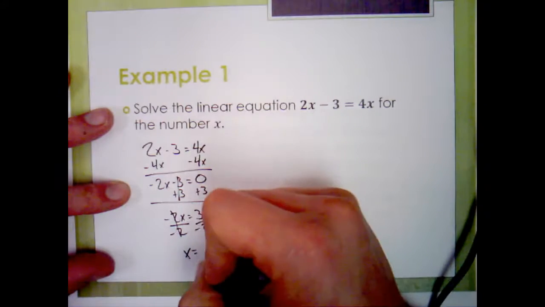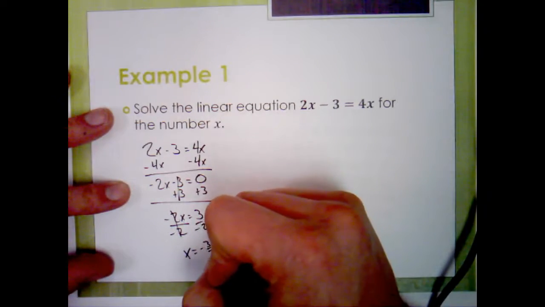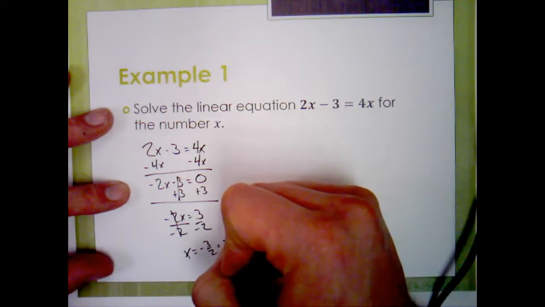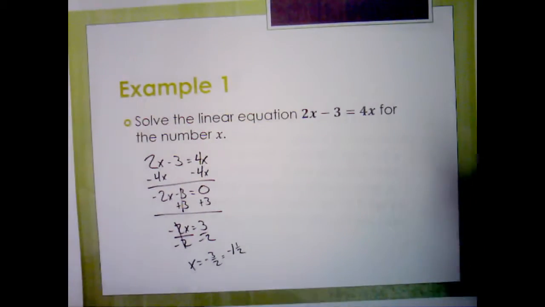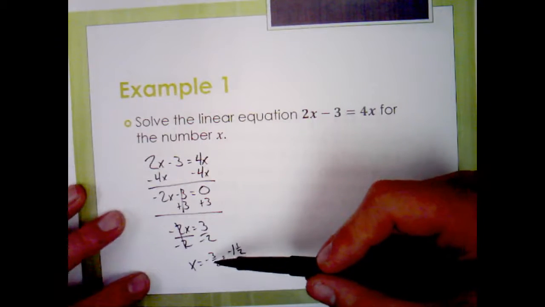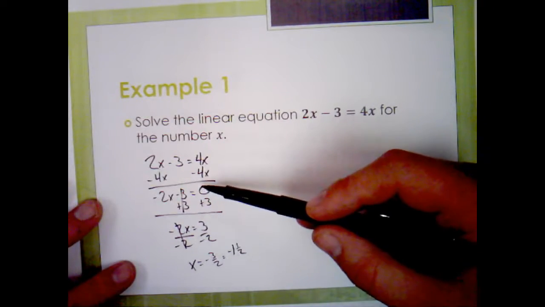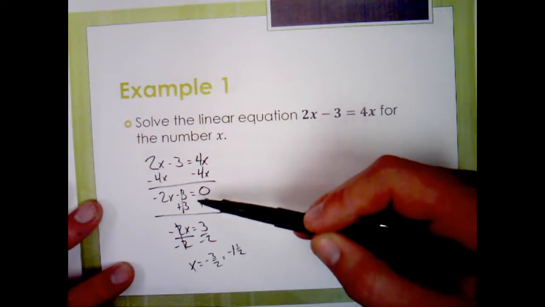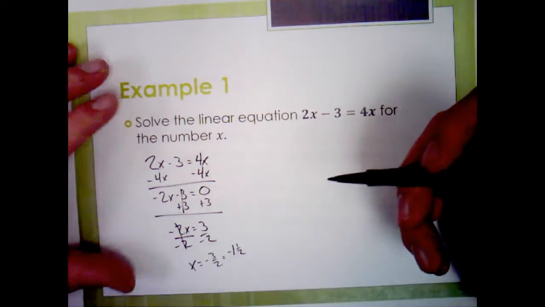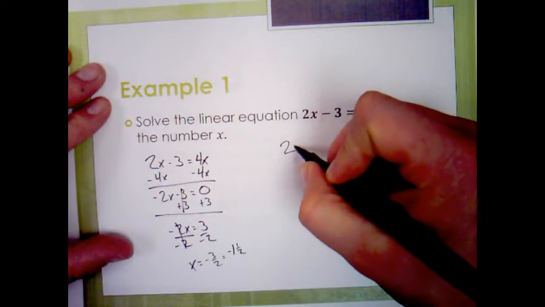And I get x to equal negative 3 over 2, which is negative 1 1/2. Okay, so you see I end up with my answer of negative 3 over 2. Okay, a lot of times the part kids miss in this problem will be the 0. They lose the 0. Okay, here's the way I'd prefer to do it.